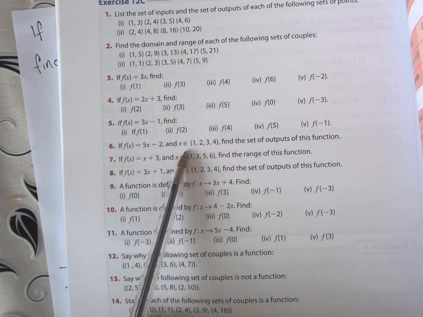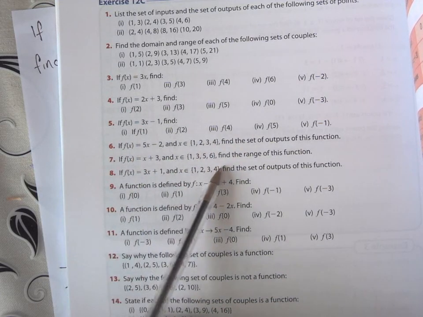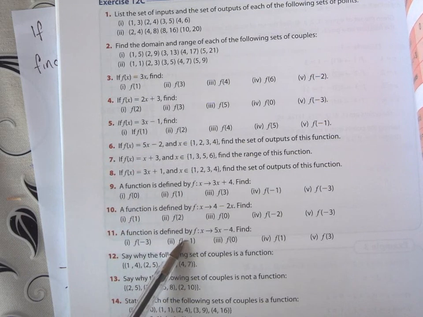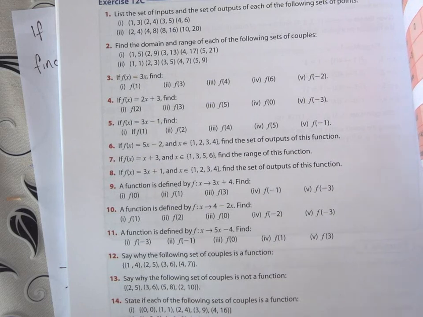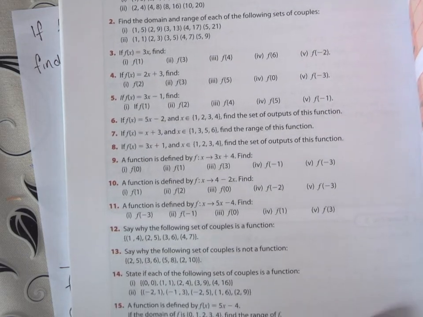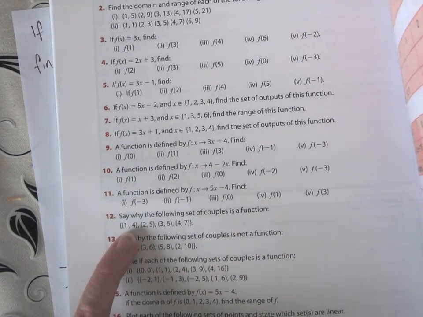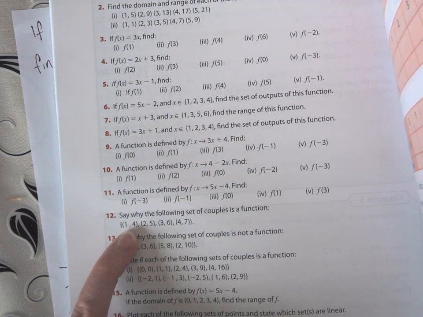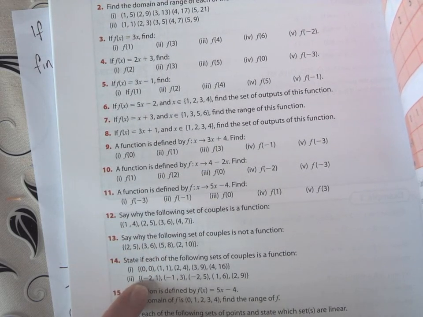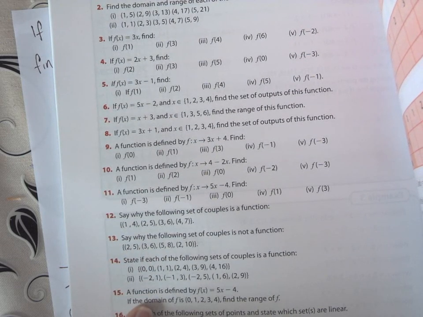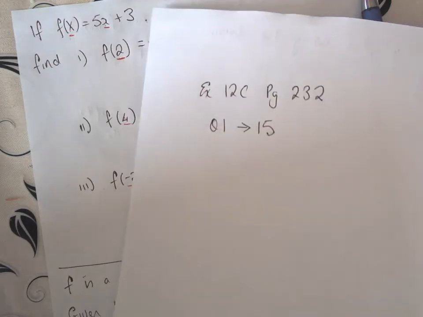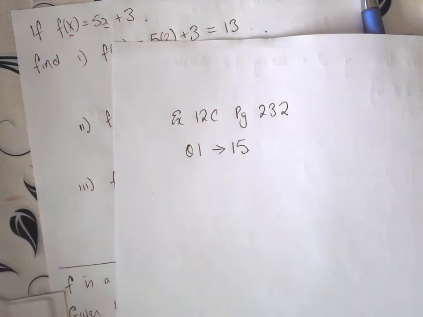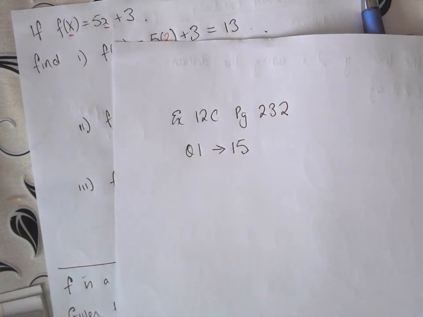Same here, put in 1, 3, 5 and 6, put in 1, 2, 3 and 4. Again, these ones are similar to earlier. Say why the following set of couples is a function. Think about whether it satisfies your remote control. Is each input going to a different output? So have a look. I'm going to set you exercise 12C, questions 1 to 15. Give them a go and let me know if there are any problems.